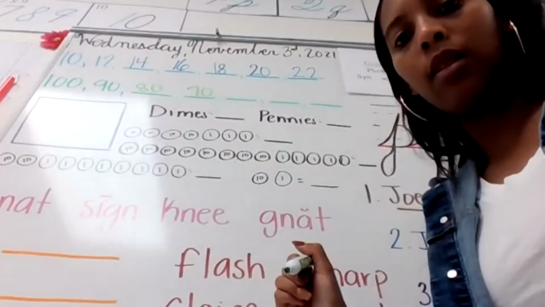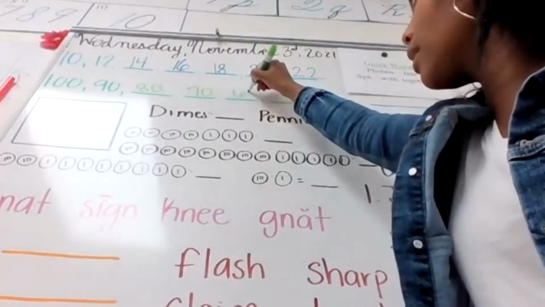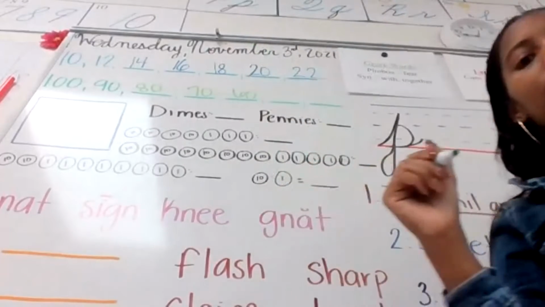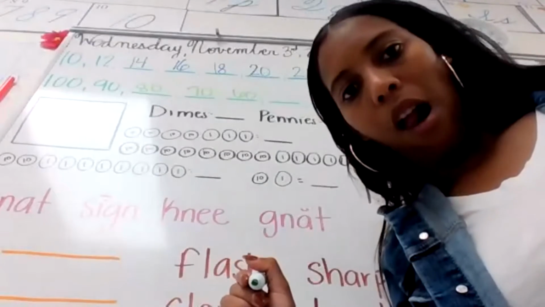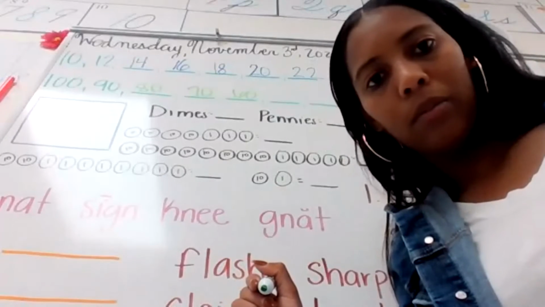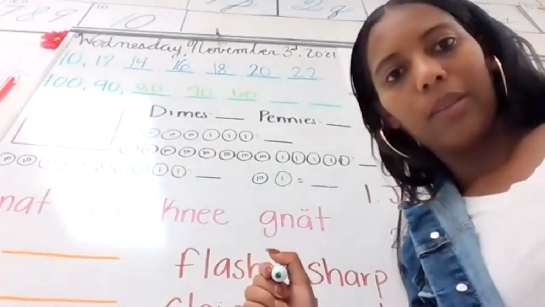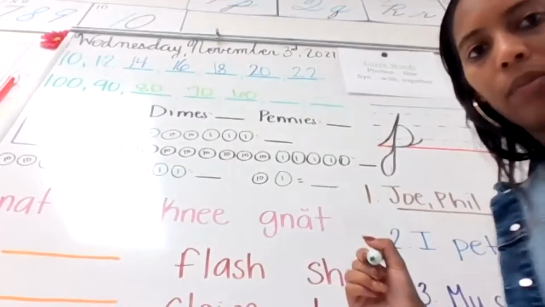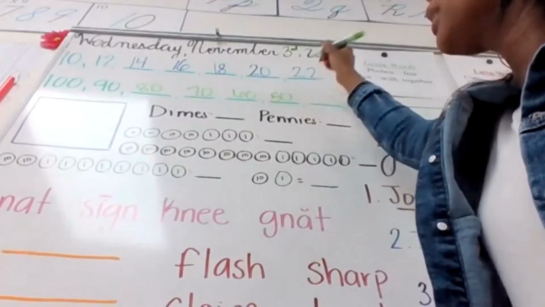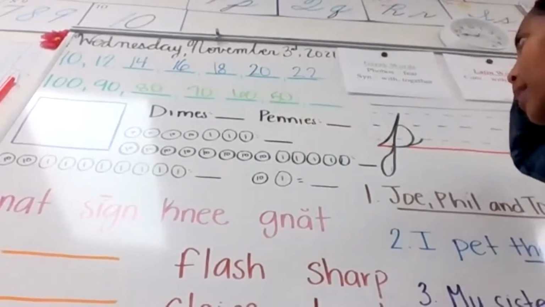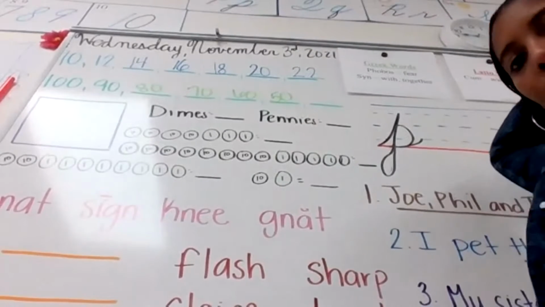Dennis. 60. Good. What will be after 60? Okay, Faith. 50. So 100, 90, 80, 70, 60, 50.